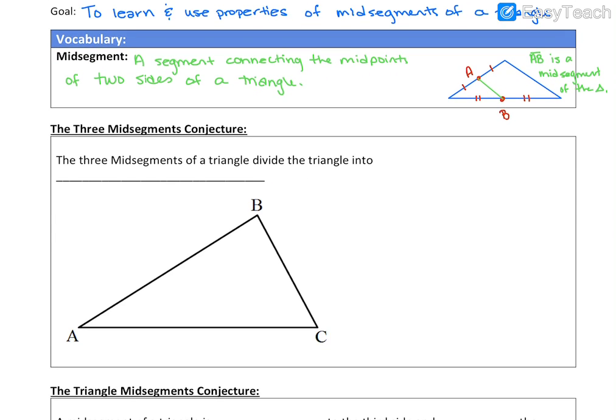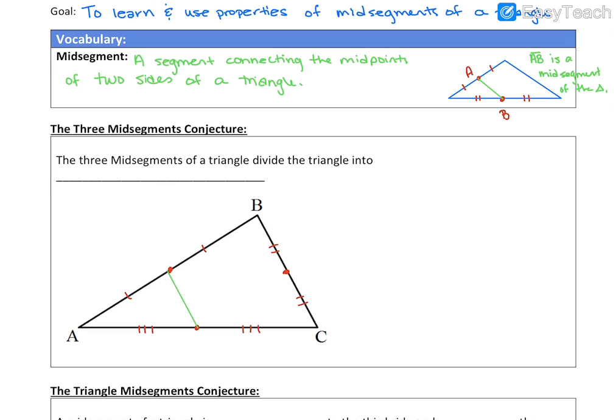The three mid-segments conjecture. This says that if we find the midpoints of all three sides, so here's a midpoint, here's a midpoint, here's a midpoint, and now we can connect all these midpoints.